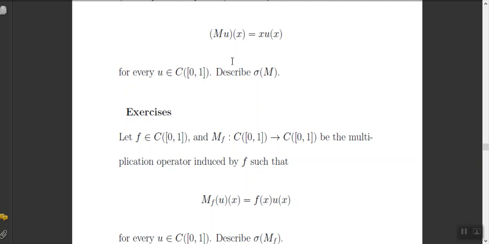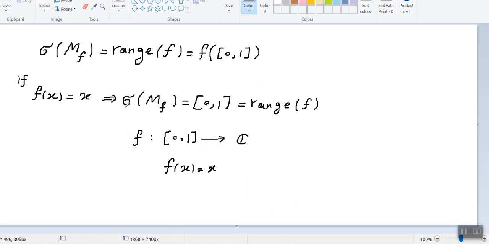And do you remember here the spectrum of this operator was the closed interval [0,1], right? Now look at here. The spectrum of that operator was the closed interval [0,1]. But this closed interval [0,1], what is it? This is the range of f, right? Because f here is defined from [0,1] to the complex numbers by f(x) equals x. Now what is the range of f? It is the closed interval [0,1], right?